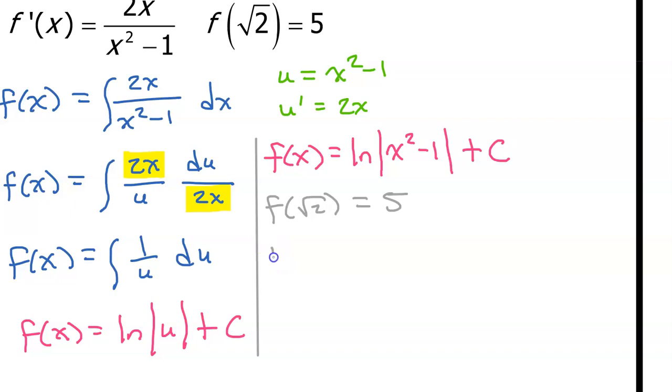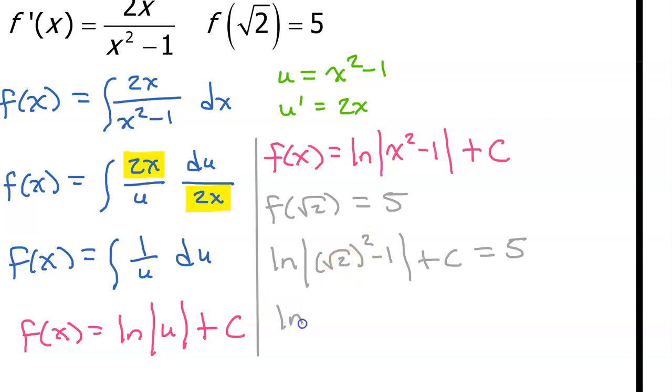So let's do that. So f at radical 2 would be the natural log of the absolute value of radical 2 squared minus 1 plus c. And f at radical 2 equals 5. So all of this should equal 5. If you square radical 2, you get a 2.